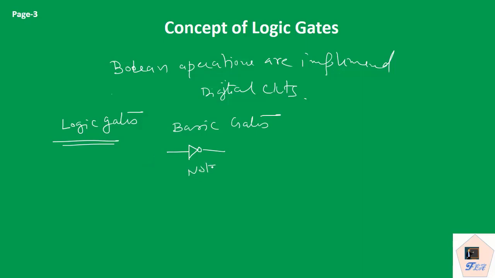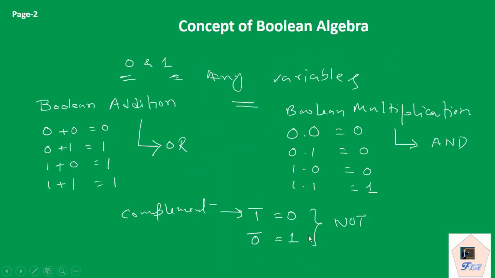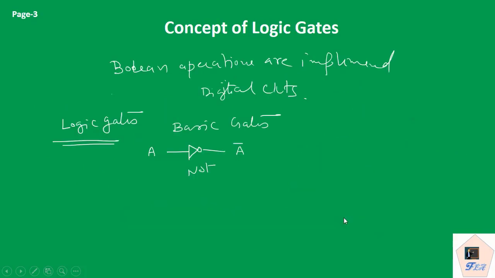It has only one input and one output. If we have the input variable A, at the output I will get the variable A bar, the complement of A. Earlier we have seen this inverting operation. So this is called the NOT gate.